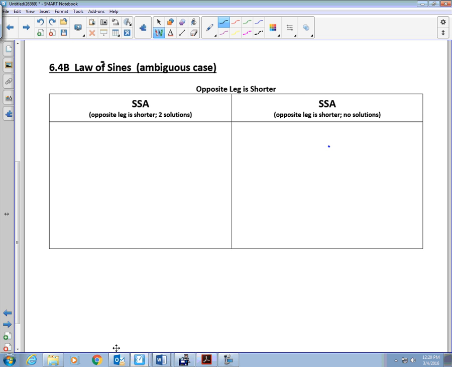Suppose we have this kind of triangle. Call it a 30-degree angle. And we'll say that this has a length of 20. And then I'm going to draw another side with a length of, we'll say, 14.